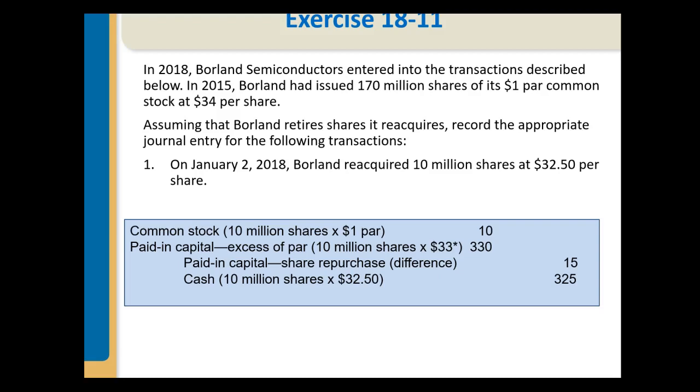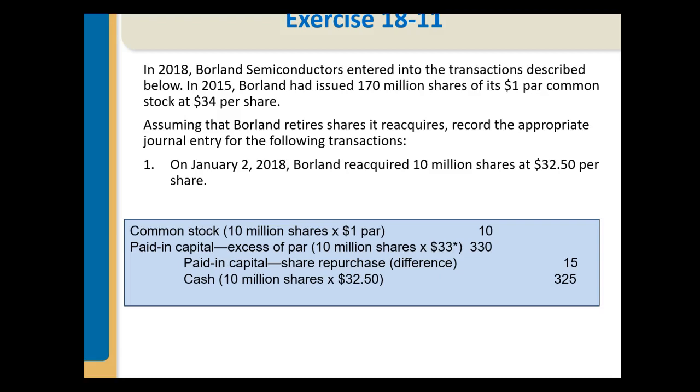So the first one is on January 2nd of 2018, Borland reacquired 10 million shares at $32.50 per share. So they were initially issued at $34 per share.